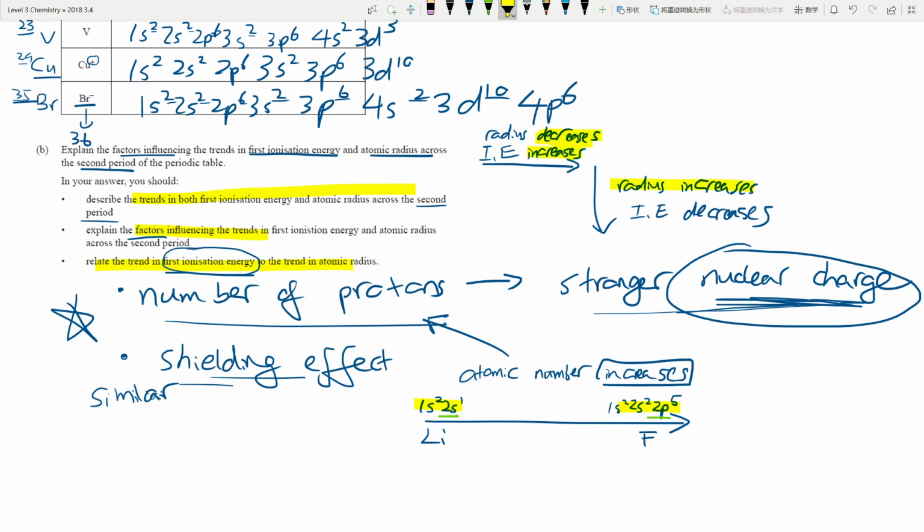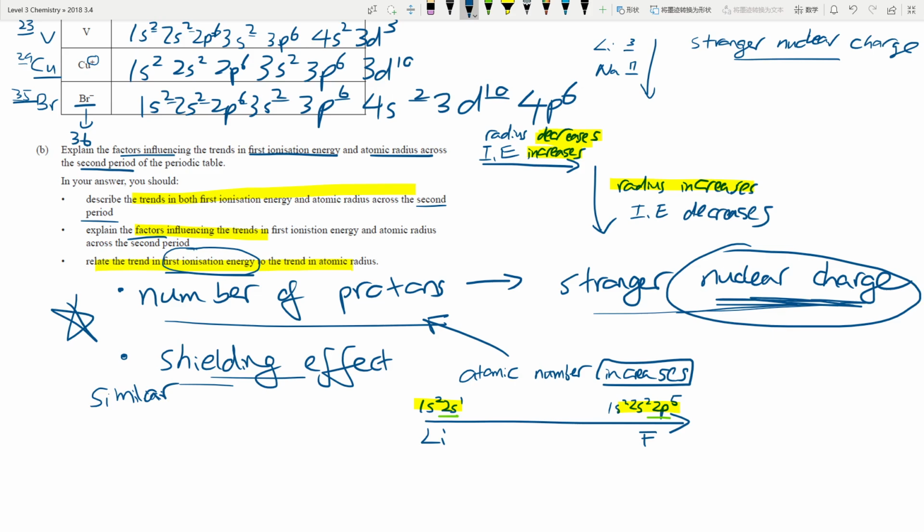The radius increases as you go down. So if we think about going down the group, yes, there's a stronger nuclear charge as always, because if you compare, again, lithium over here has 3 protons, and sodium has 11 protons, obviously the 11 protons is a stronger nuclear charge compared to the 3 protons because they have more protons.